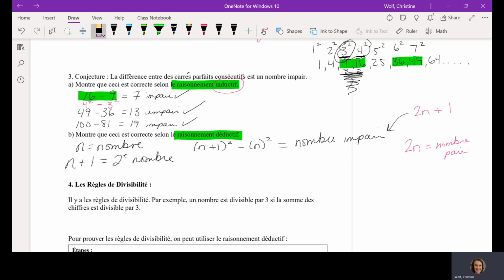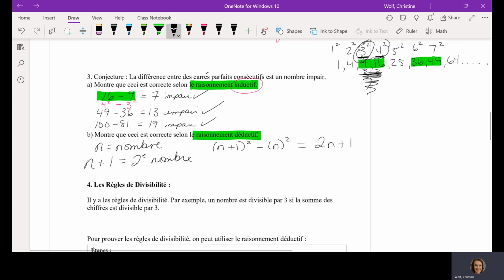So, 2n est toujours un nombre pair. Alors, pour représenter un nombre impair, well, we just add 1 to it, right? If you have any even number like 6, if you just add 1 to it, you get an odd number, 7. Okay? So, dans les mathématiques, je veux que vous rappelez que 2n plus 1 est toujours la manière dont on représente un nombre impair.